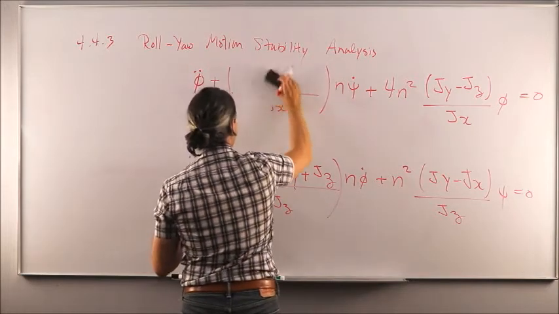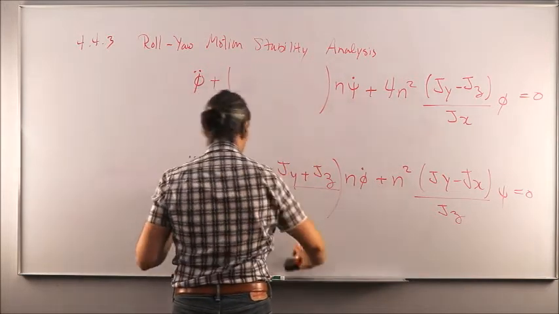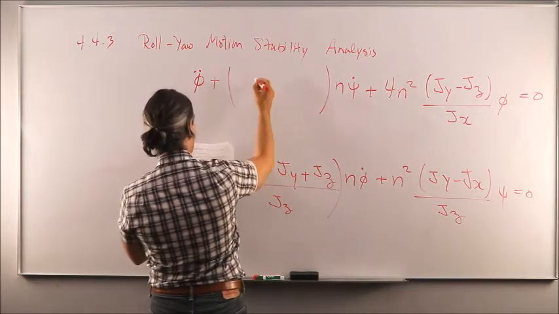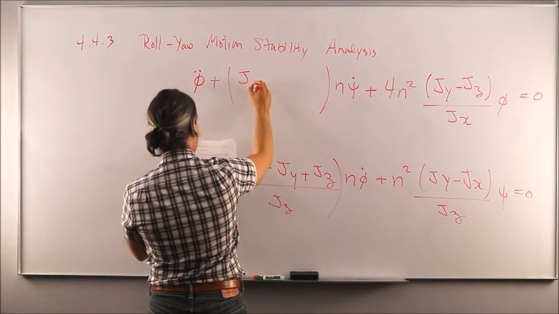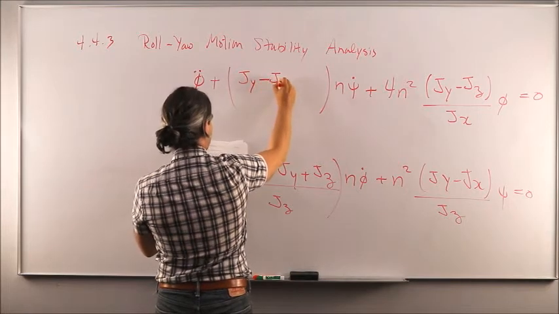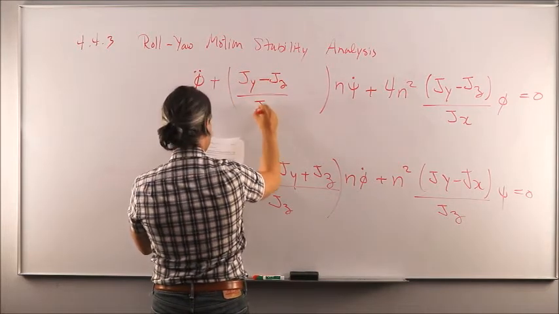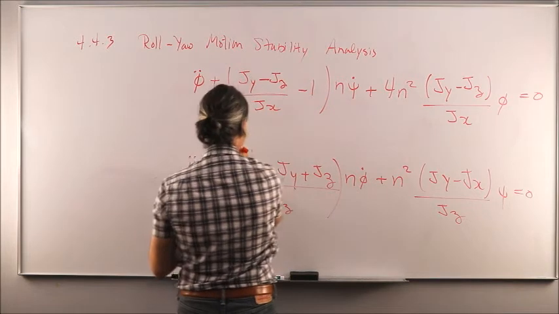Okay? So I'm flipping the sign, and I'm separating the fractions such that I have my Jx over Jx term on its own, and then replace this with simply 1.